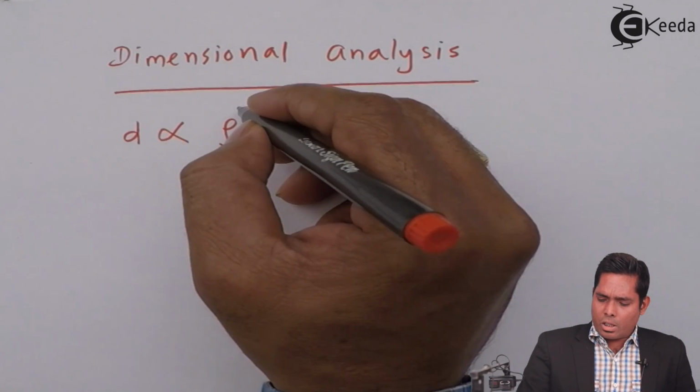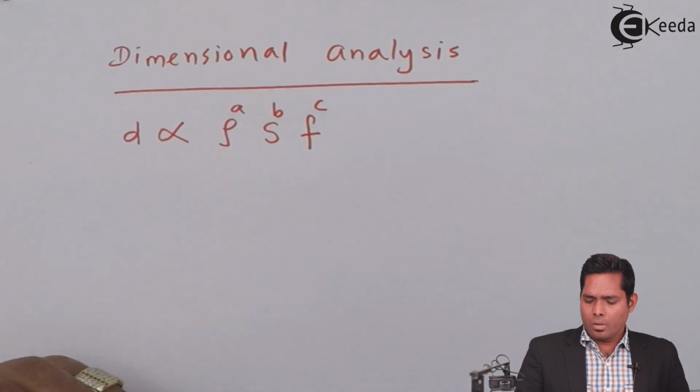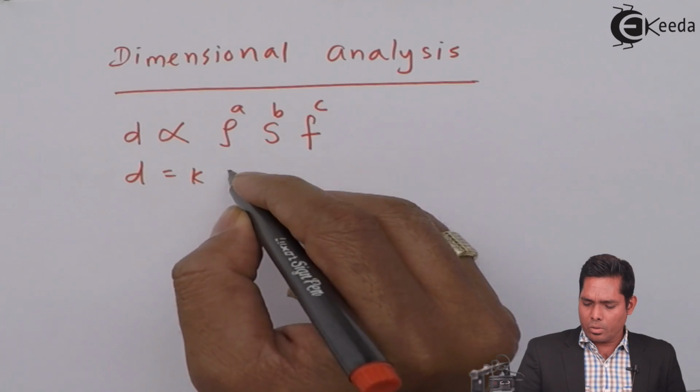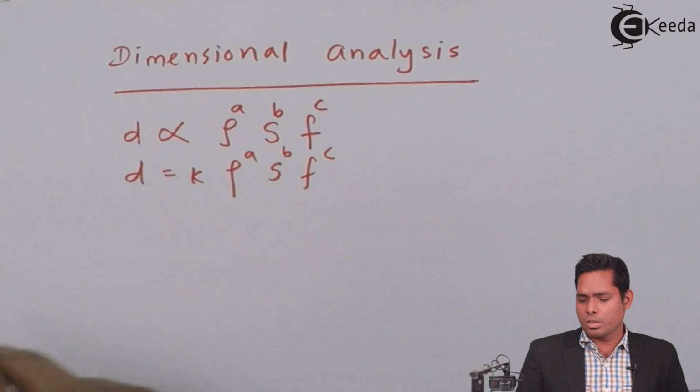The powers are unknown, so I'll consider a, b, c. The distance is proportional to some constant times rho to the power a, S to the power b, f to the power c. This is how we write the dimensional equation.